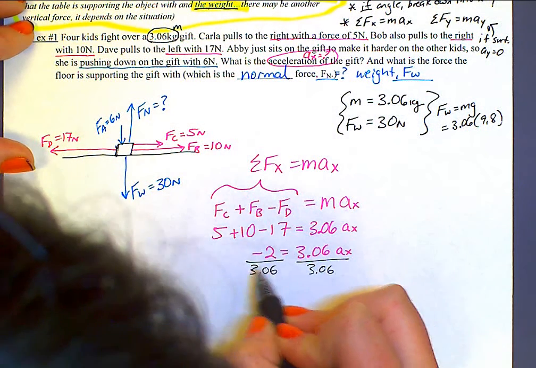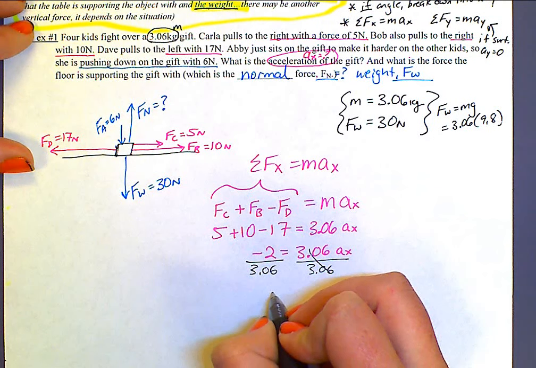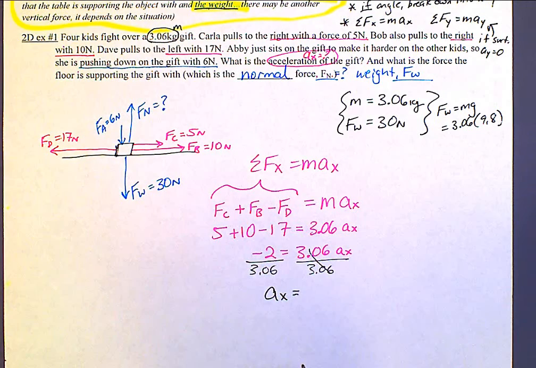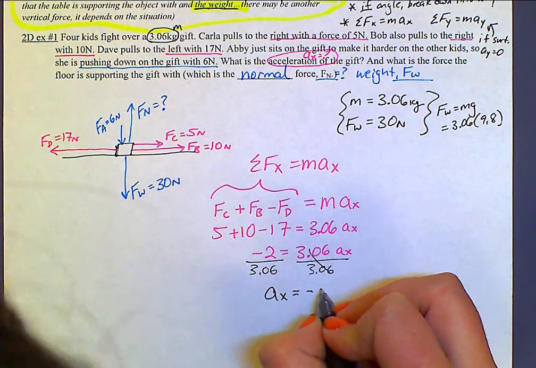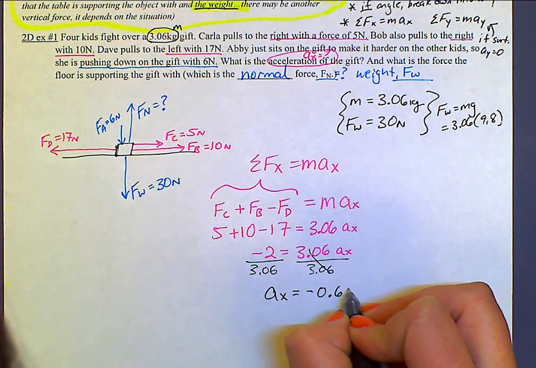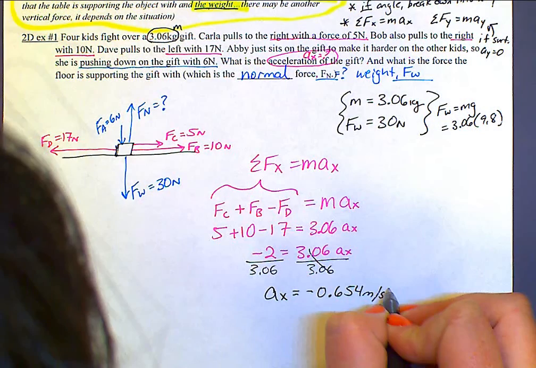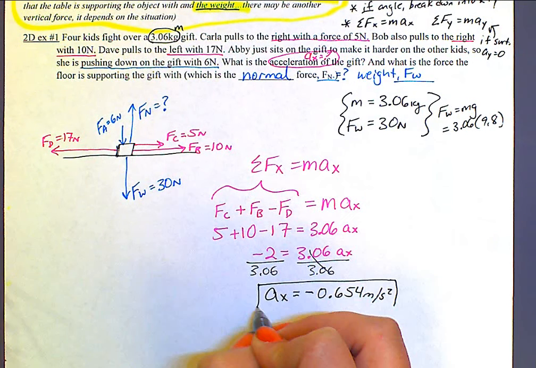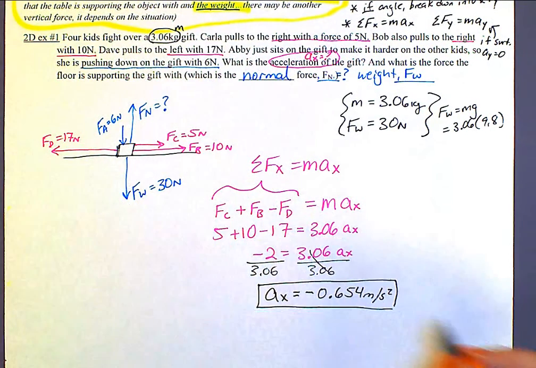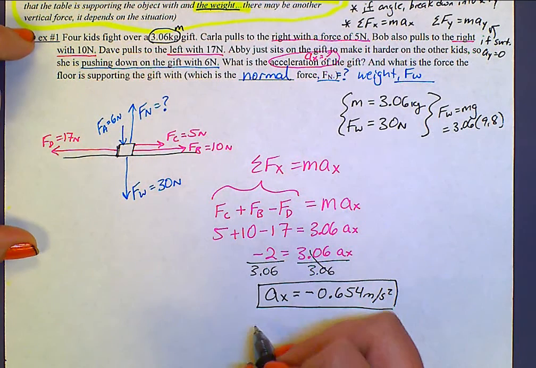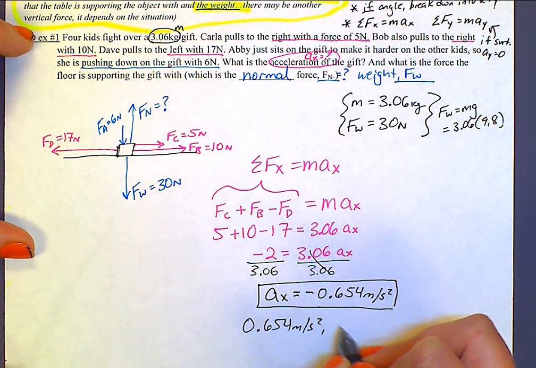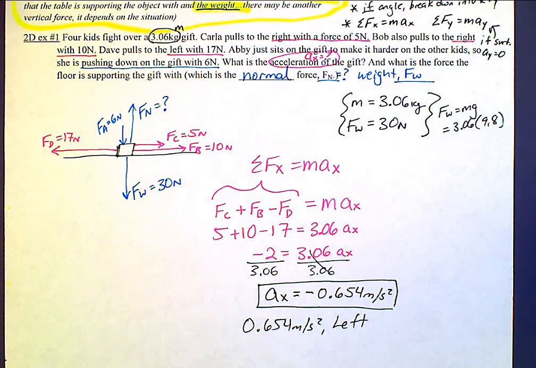And this gives me the acceleration in the x direction is equal to negative 0.654, or you could label it with some sort of verbal descriptor. I could also say 0.654 meters per second squared to the left or to the west or anything like that. And I'm done with just the ax part.